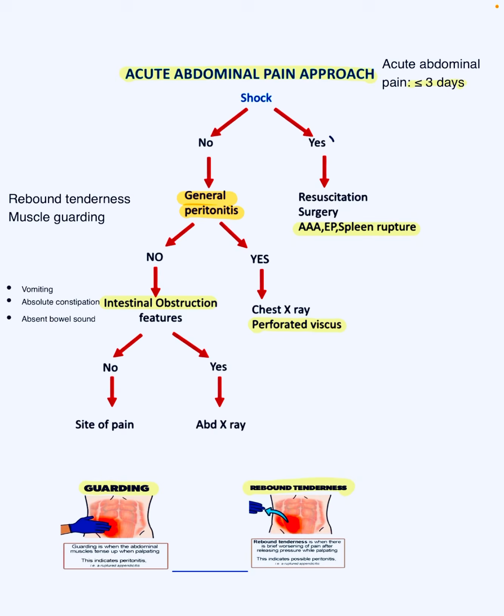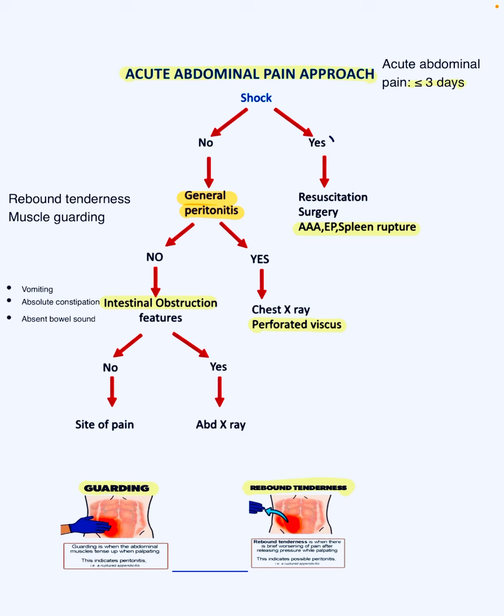If patient is in shock, the three most important causes should be kept in mind, that is ruptured aortic aneurysm, ectopic pregnancy, and spleen rupture. Urgent resuscitation and surgery referral is needed in these cases.